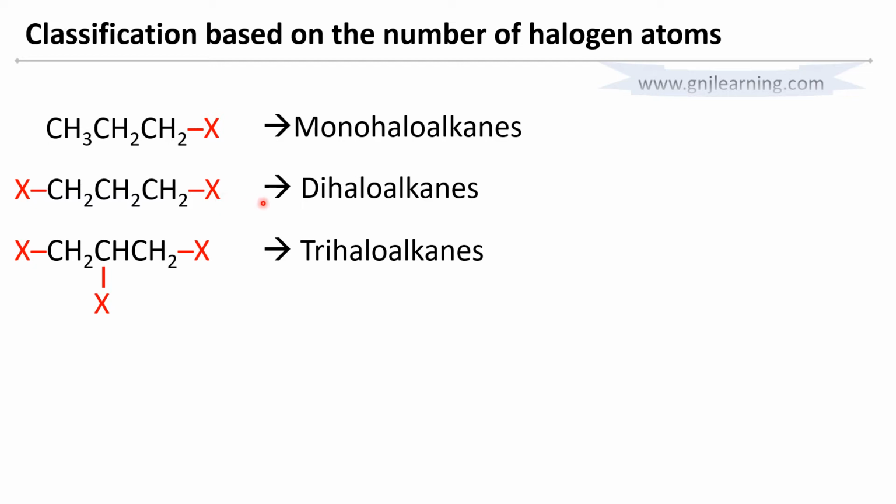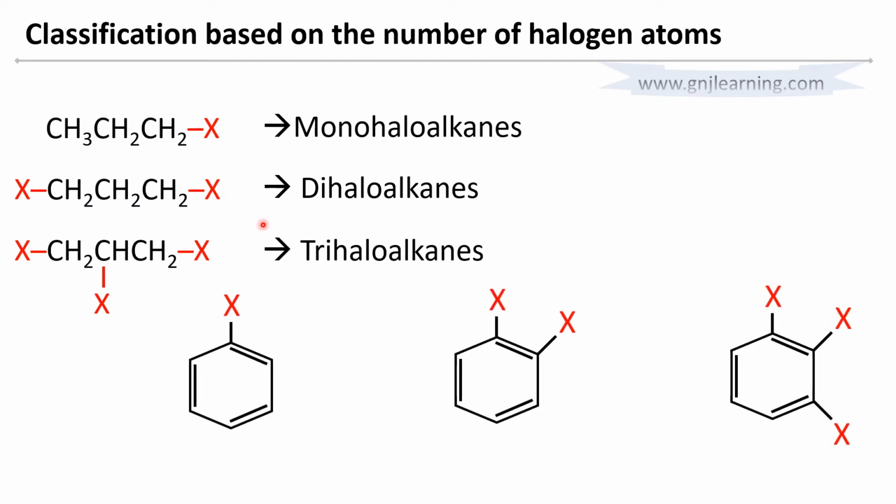Now if you are looking into haloarenes, again we have 3 compounds, and like what we saw in the case of haloalkanes, we have 1 halo atom in the first case, 2 halo atoms in the second case, and 3 halo atoms in the third case. Accordingly we can name it as monohaloarenes if it has 1.